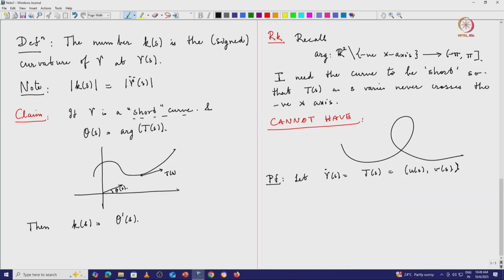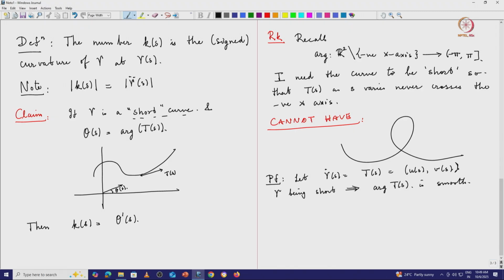Okay, right. Gamma being short actually implies that the argument of the tangent of the velocity vector is not only continuous but is actually smooth.